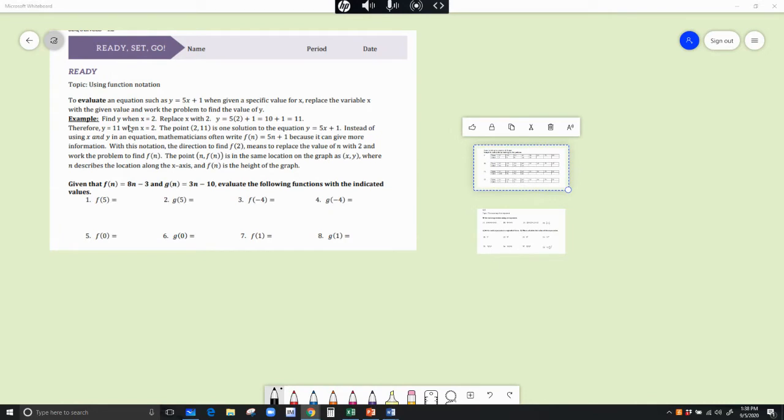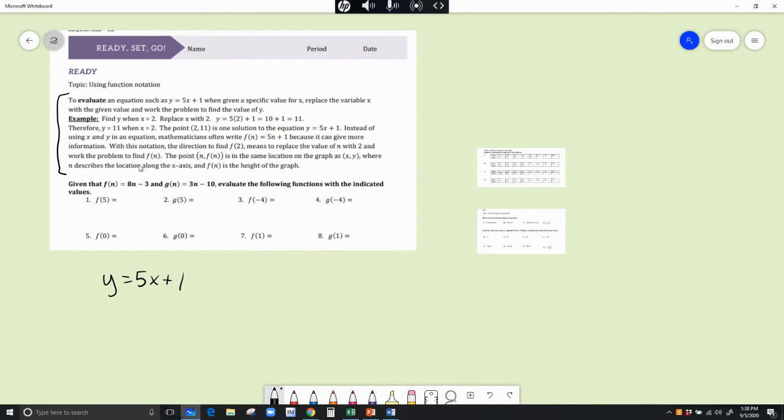So the easiest way is to kind of just read this section up here. If you're a reader, go ahead, but it's going to describe basically what I'm talking about. It gives you an example of the equation y equals 5x plus 1. And then it says when you're given a specific variable for x, you plug that variable in.